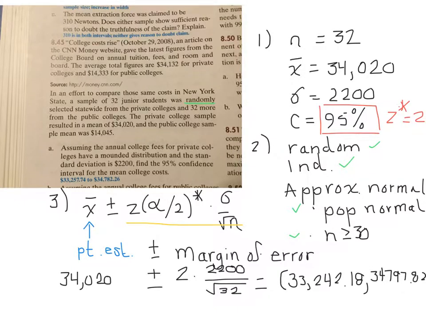So there's the lower limit and the upper limit of my confidence interval intended to estimate the population average for private colleges. So now the question is, how do we interpret this value? We interpret this value by using our generic interpretation.